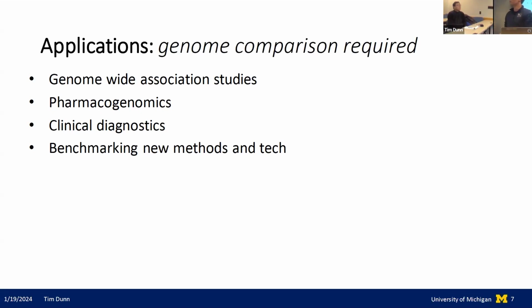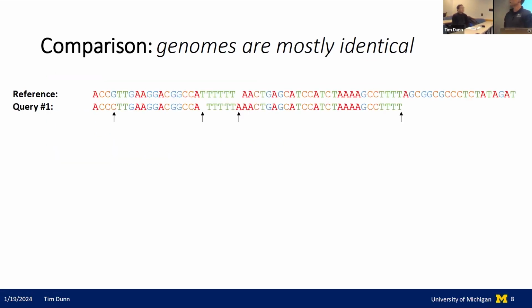methods and technologies. And for all of these downstream applications, once you have sequenced a genome, it's important to be able to compare the genomes of different individuals. The way this is typically done, because genomes are mostly identical, around 99% similarity across individuals, is that they store everything in a difference-based format.